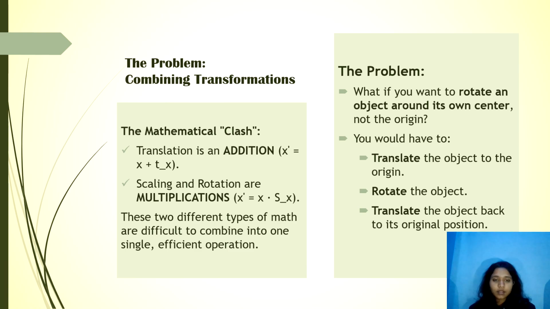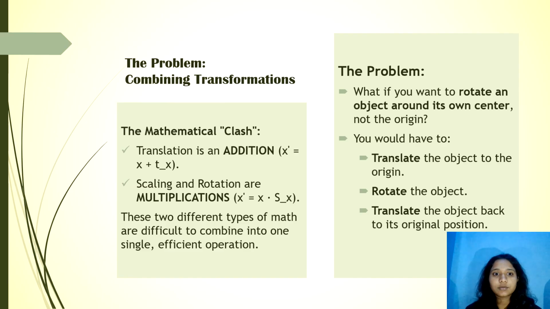So here we face a problem, that is combining transformations. The problem is, what if you want to rotate an object around its own center, not the origin? You would have to translate the object to the origin, rotate the object, and translate the object back to its original position.